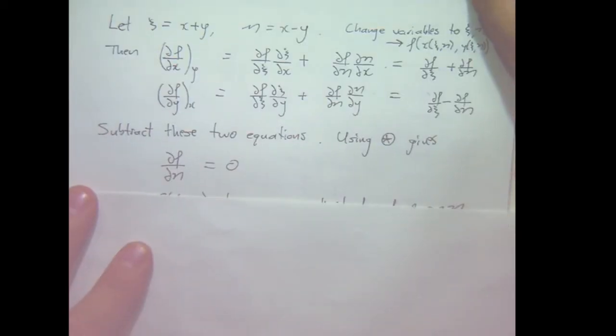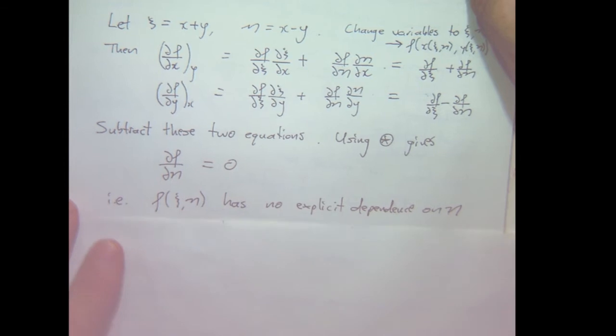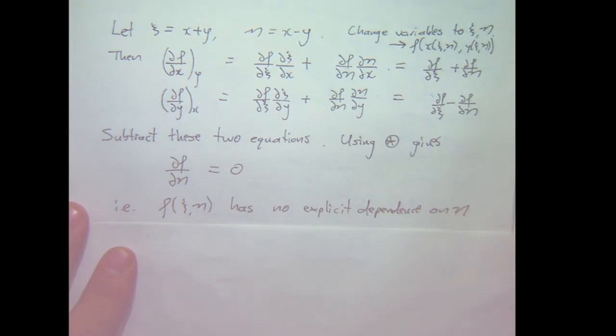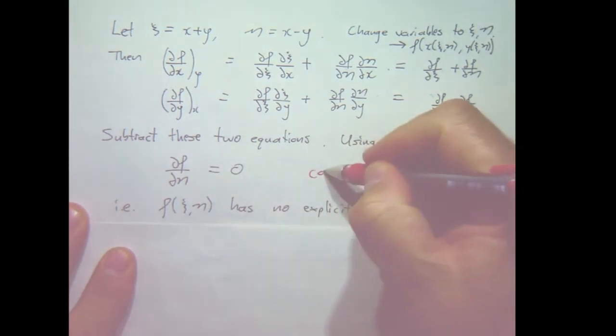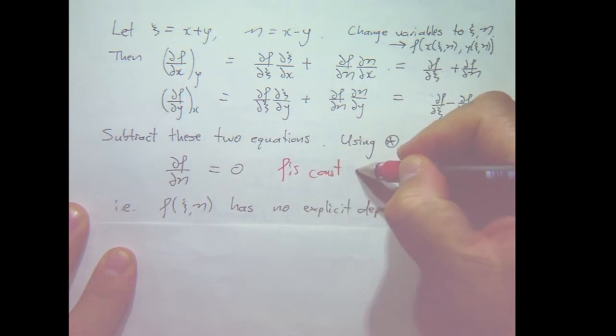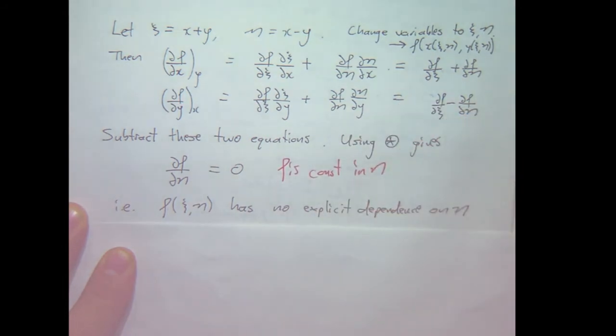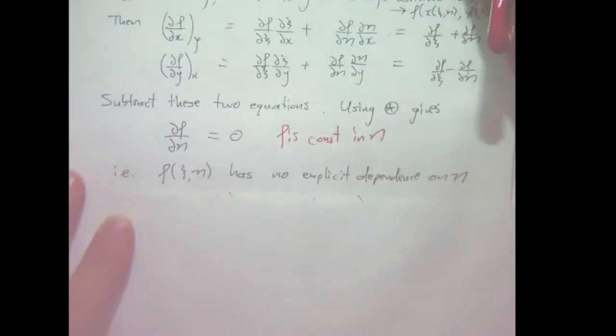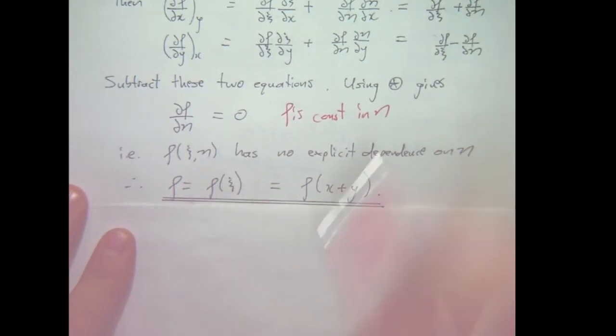So it's a function of x plus y. f of xi, eta has no explicit dependence on eta. It's constant in eta, it does not depend on eta. So that means it must be just f of xi, which is f of x plus y.